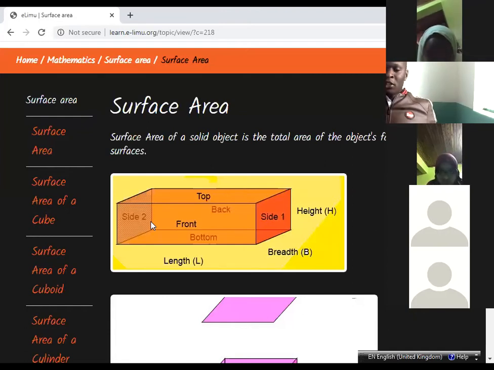Now to get the area, you take 8 times 5, which is 40 centimeters squared. But since the bottom and the top are the same, you take that 40 centimeters squared times 2, which gives us 80 centimeters squared.